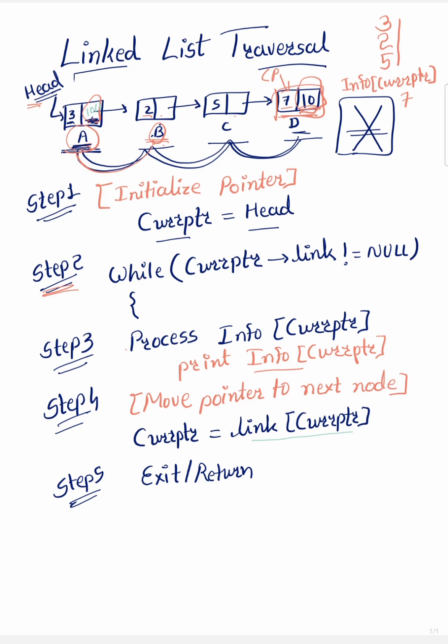See, this algorithm, you can write it in a human understandable form, right? There is no fixed format of algorithm, you can write it your own way, right? But if you have your concept clear, then you can write it.